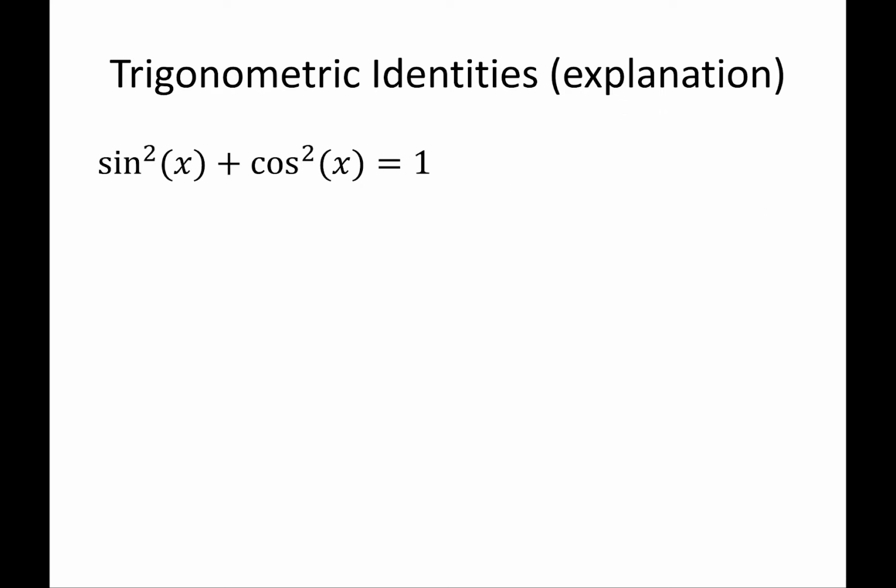Next identity, sine squared x plus cos squared x equals 1. We're going to use this one quite a bit, and I'll explain where it comes from. So I'm going to draw a triangle.